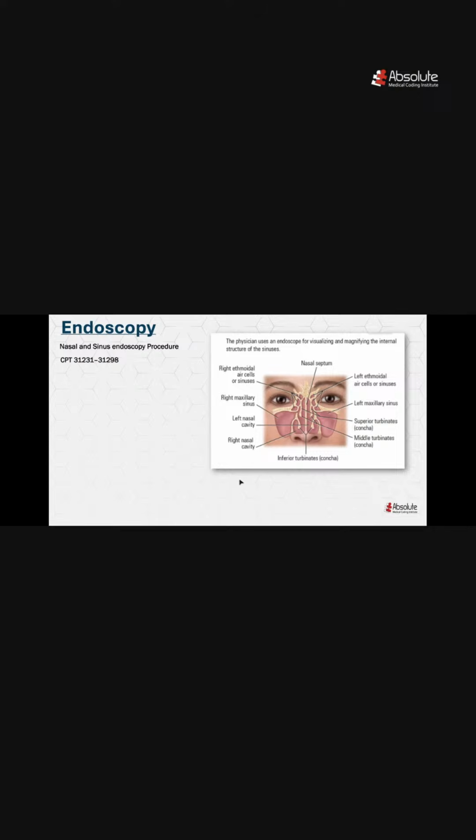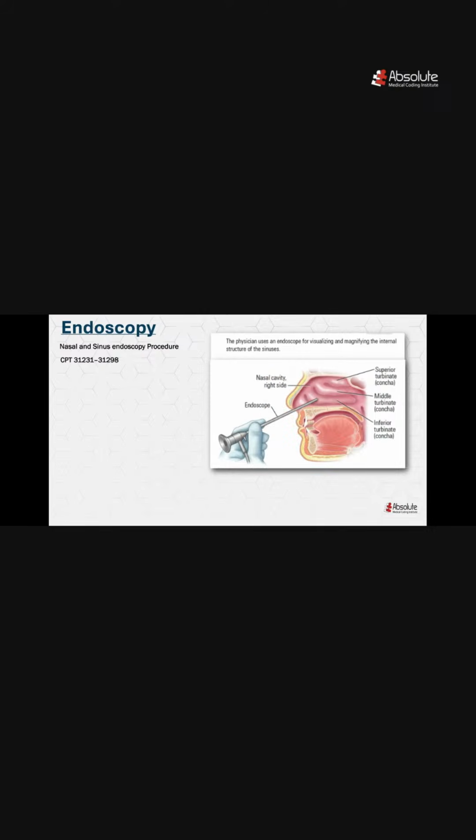And these procedures usually fall under the CPT code series 31231 through 31298.